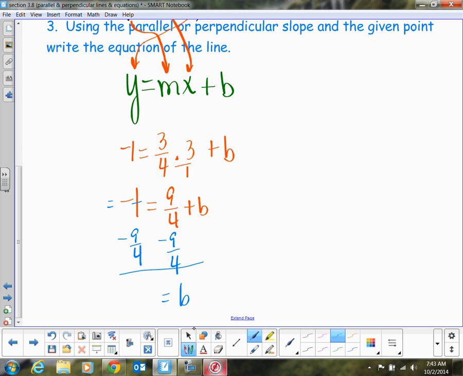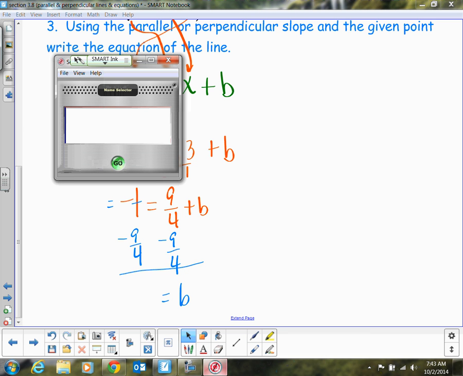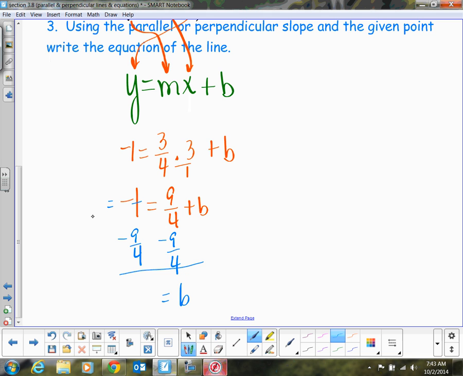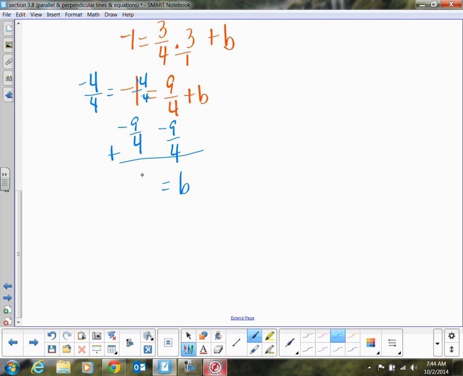That is negative 1 over 1. What is my common denominator? Carlin? Right. If you multiply the bottom by 4, you must multiply the top by 4, so that should be negative 4. And we're subtracting 9/4.